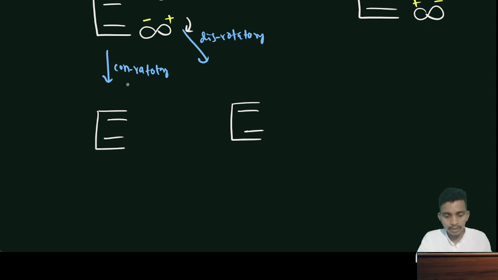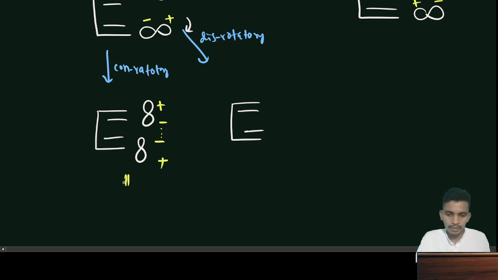So if I rotate clockwise, then what does it become? If this is positive, then this is going to be positive and this is going to be negative. Now this one clockwise also, then this is negative and this is positive. So what we see here is that bond formation is happening. Here, what you see is that a new sigma bond is formed.